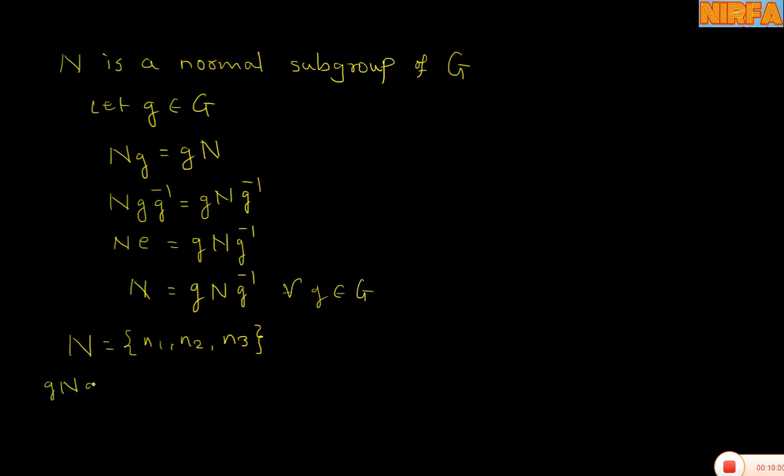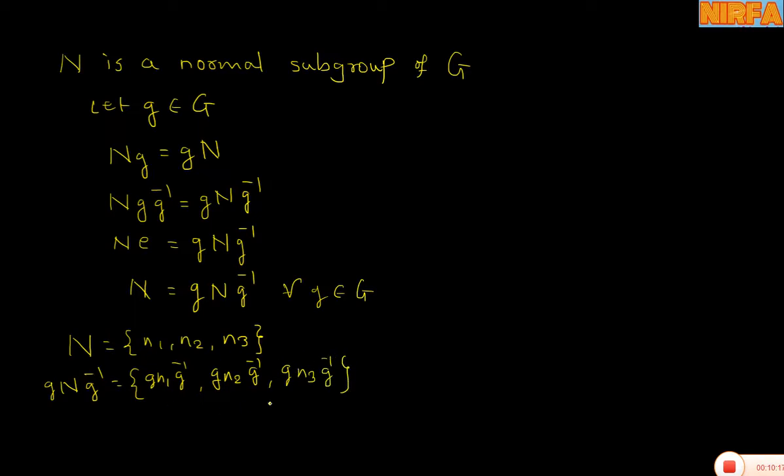So I will get g N g inverse is equal to {g n1 g inverse, g n2 g inverse, and the third element is g n3 g inverse}.